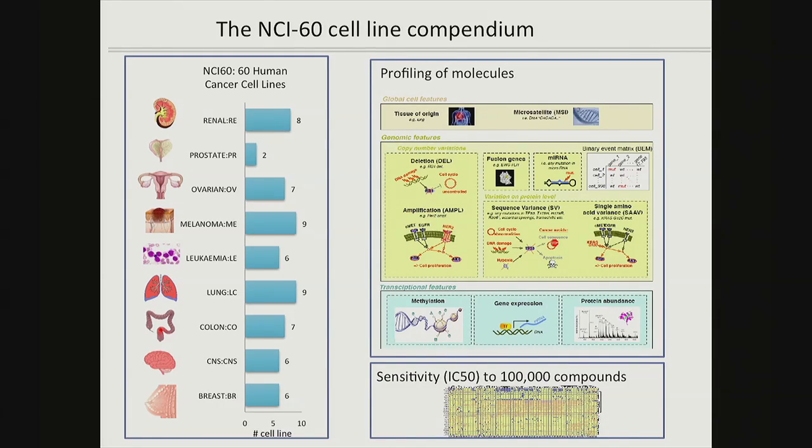Not a very large number, and one could certainly argue that this number is very, very small compared to the complexity of these diseases. But nevertheless, that's what the NCI makes available. On the average, maybe half a dozen cell lines derived from one particular tissue, and these cell lines are not just made available as cell lines, but they're made available as cell lines plus a huge amount of information, which has been accumulated over time.